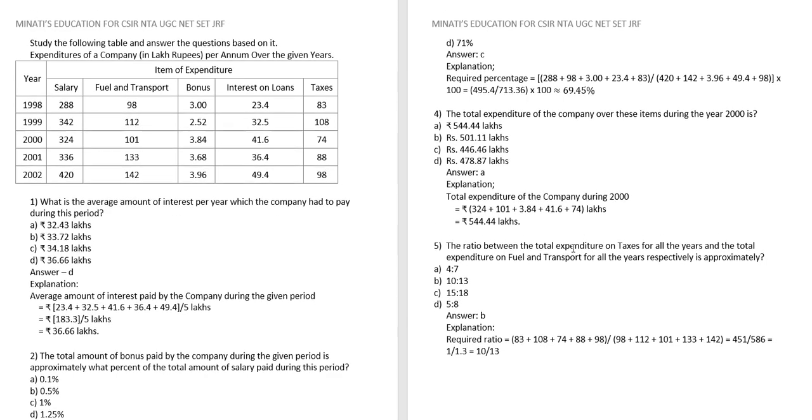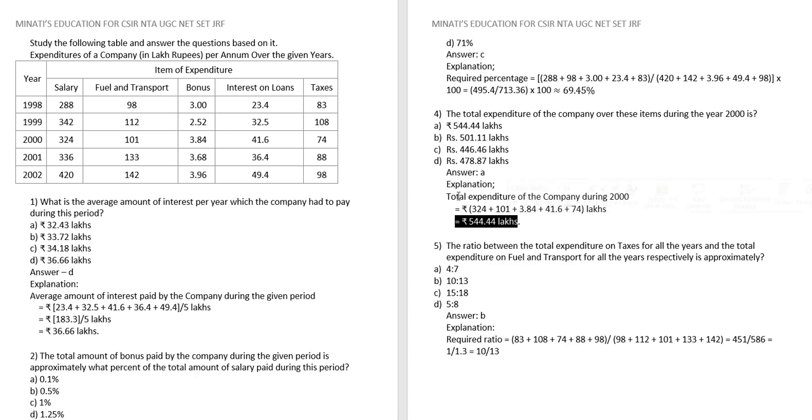Come to the next question. Total expenditure of the company over these items during the year 2000. So this is the picture for 2000, that is 324 plus 101 plus 3.84 plus 41.6 plus 74. This is the total expenditure, 444.44 lakhs.